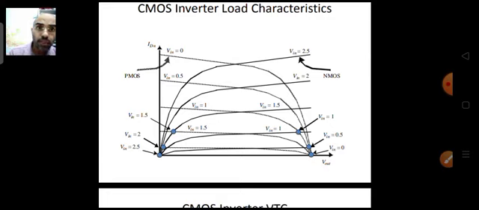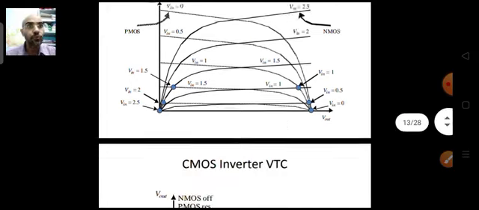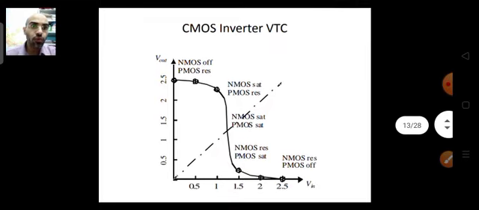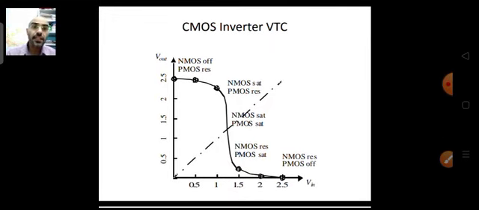Now if we plot this input voltage with respect to the output voltage, the output voltage is the voltage which you have taken here on the x-axis, whereas the voltages written over the characteristics become the input voltage. If you plot these voltages together on a single curve, the plot between Vin on the x-axis and Vout on the y-axis is basically your voltage transfer characteristics.